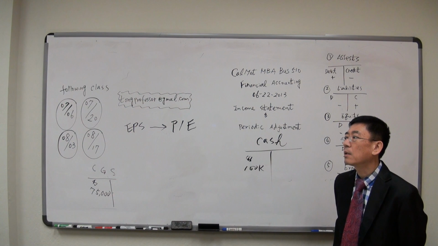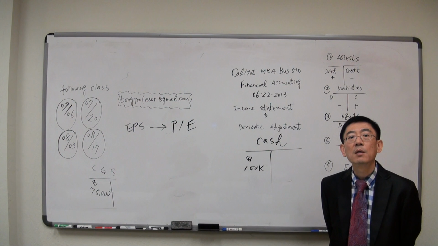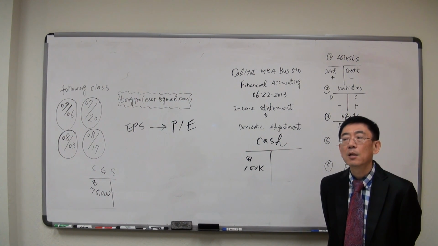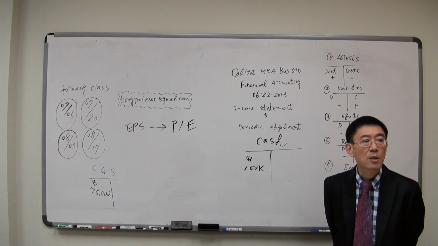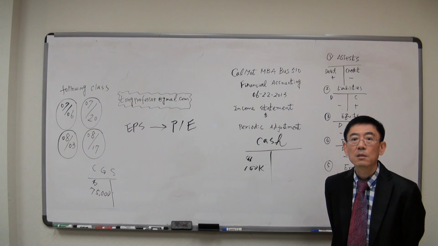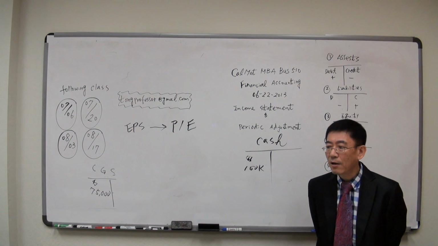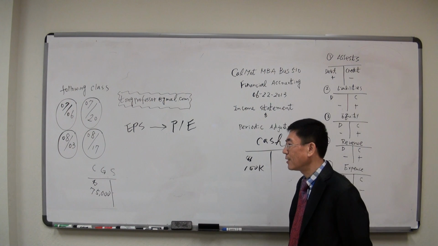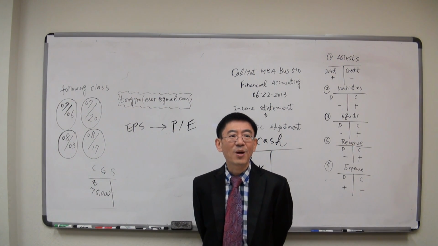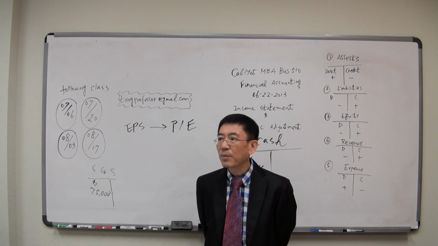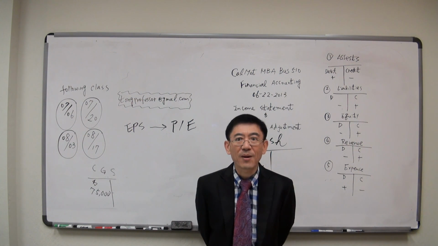P means the current stock price. At this moment, what is the stock price? If you are a stock market investor, you watch the stock price every second. You watch the screen. And by the way, I have a few friends or former students, I'm not sure if you heard about this before. Some people are so smart, and their job is not just watching the stock market.